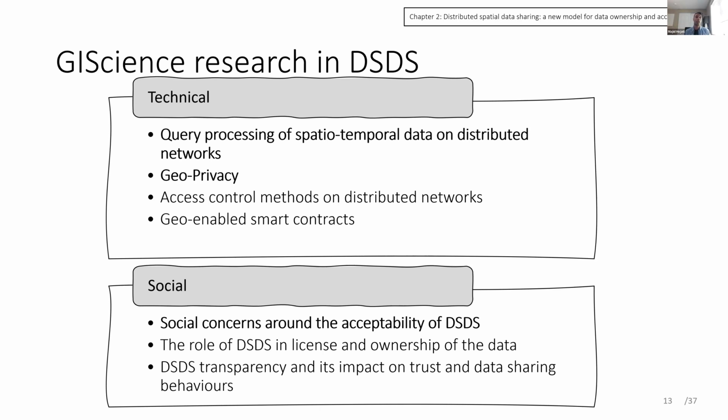We also have social gaps, which are concerns around the acceptability of distributed spatial data sharing in different communities and at different scales, the role of distributed spatial data sharing, licensing and ownership of the data, and how it plays as a tool for advocating transparency of the data sharing environment. In my work, I focus on those highlighted ones: query processing, geoprivacy, and social concepts.